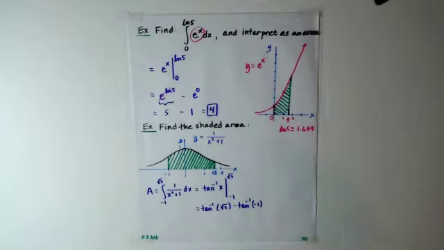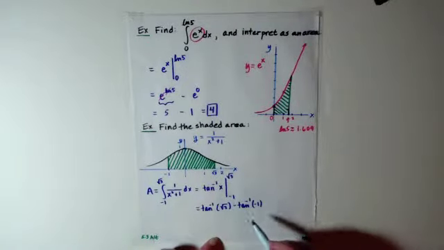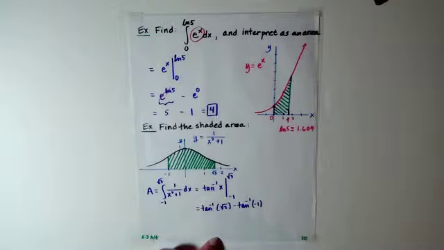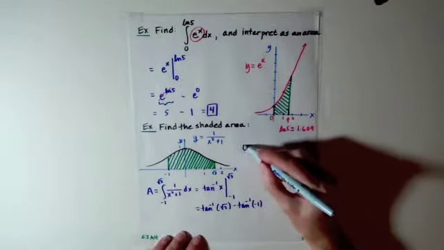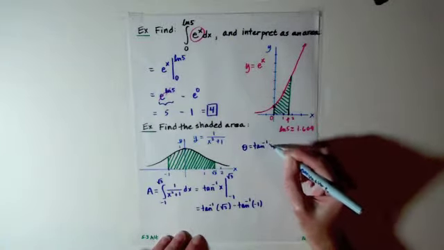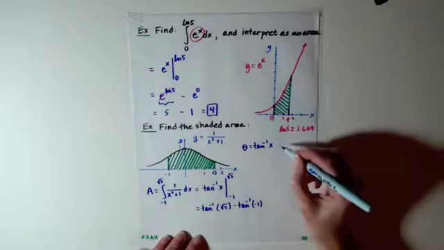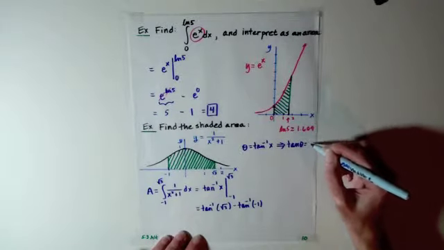Well, of course, now I have to remember a little bit of trigonometry, some stuff from back in pre-calculus. I have to remember how to find the inverse tangent of root 3 and how to find the inverse tangent of -1. Well, you might remember that if we set theta equal to the inverse tangent of some number x, what does that really mean? That really means that tangent of theta will be equal to x.